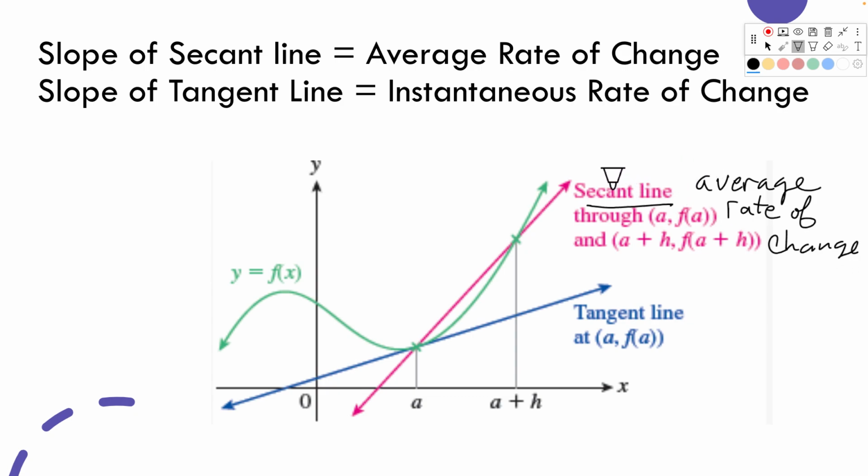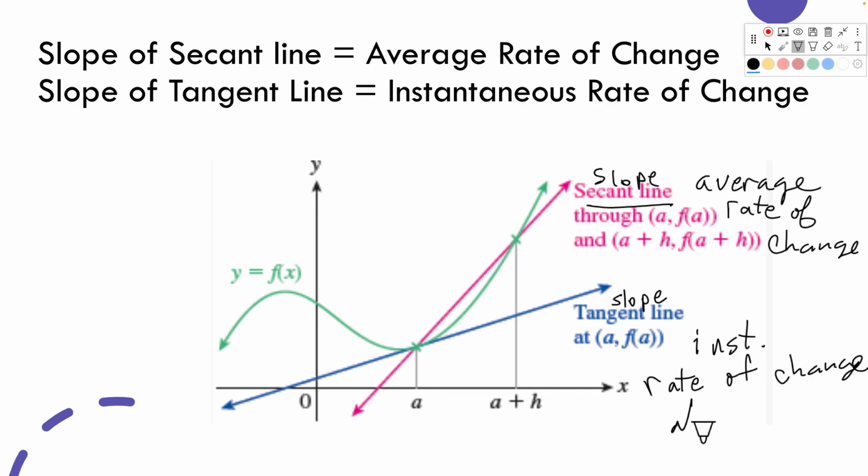And notice this, the slope. The average rate of change between those 2 points. If we take the tangent line and get the slope of that tangent line, we get the instantaneous, I'll abbreviate that as INST, instantaneous rate of change at the point A. And again, A is just our starting point.